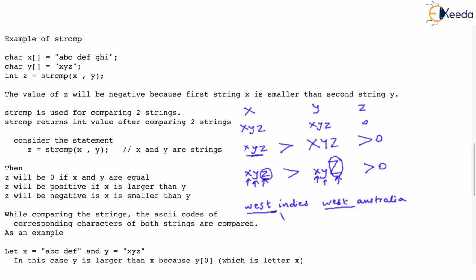And the first mismatch found is at I and A. Now, I and A mismatch, but which letter comes first in alphabet? Small a comes before small i. That means West Australia is smaller than West Indies because I comes later in alphabet. So Z over here will be again positive. I hope you are understanding.